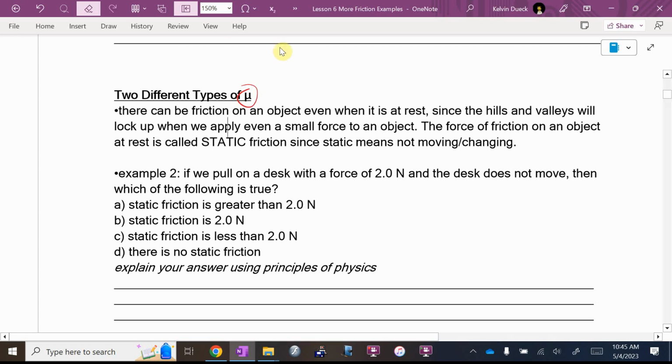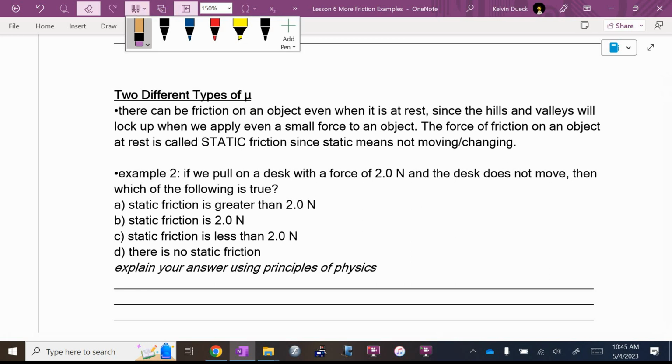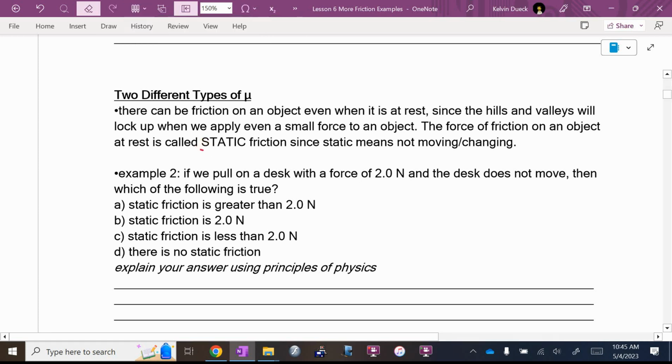It says this: there can be friction on an object even when it's at rest, since the hills and the valleys will lock up if we even apply a tiny force to the object. The force of friction on an object at rest is called static friction. I usually abbreviate that with a capital S because the word static means not moving or unchanging.